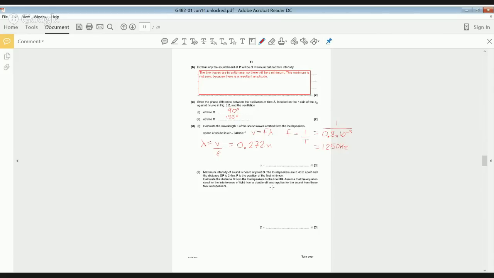We can assume that the equation used for the interference of light from a double slit also applies to the sound from these two loudspeakers. So really what looks like an experiment that you've not come across before is actually one of the standard experiments you should know about, the Young double slit experiment for light.